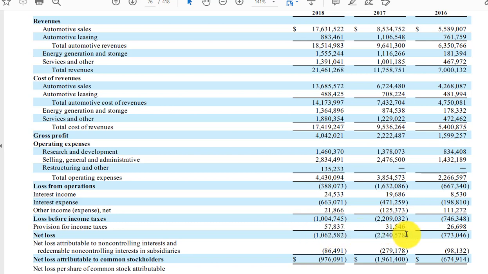And you can see they made some progress going from a net loss of 2 billion to only a net loss of 1 billion, and then maybe to break even, zero, and then maybe even a large income the next year. So that's kind of they're looking forward and seeing this progress with regard to sales, eventually making it so that there is a positive net income.